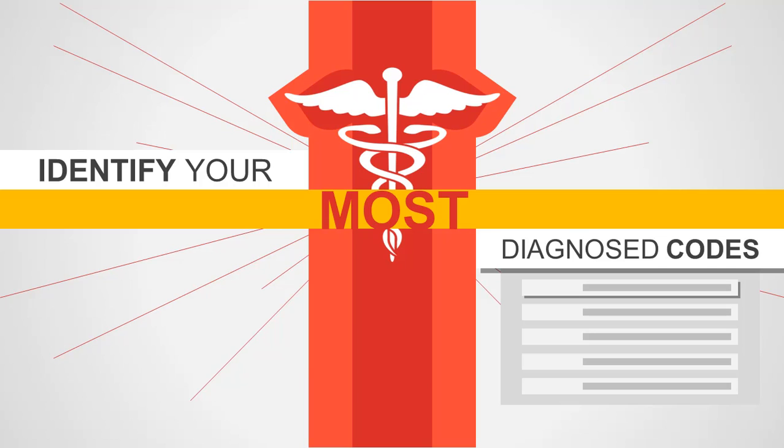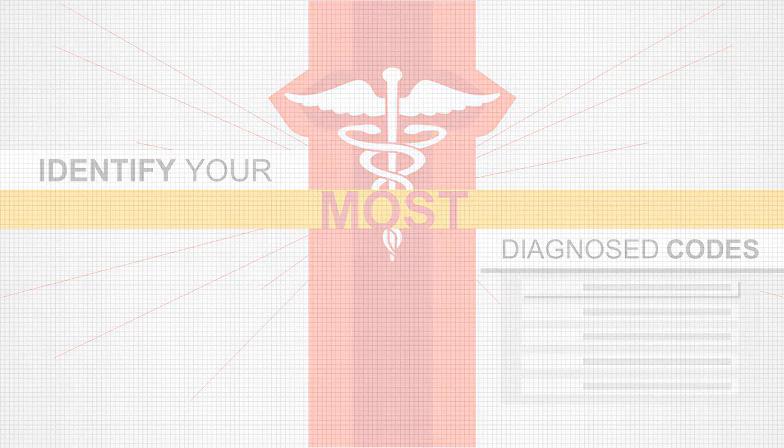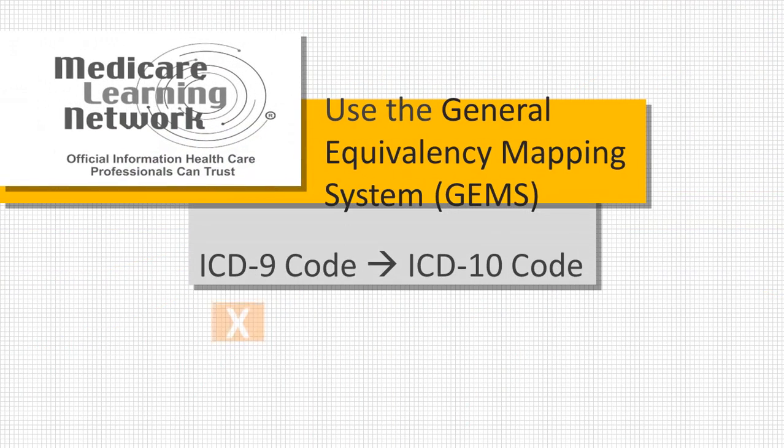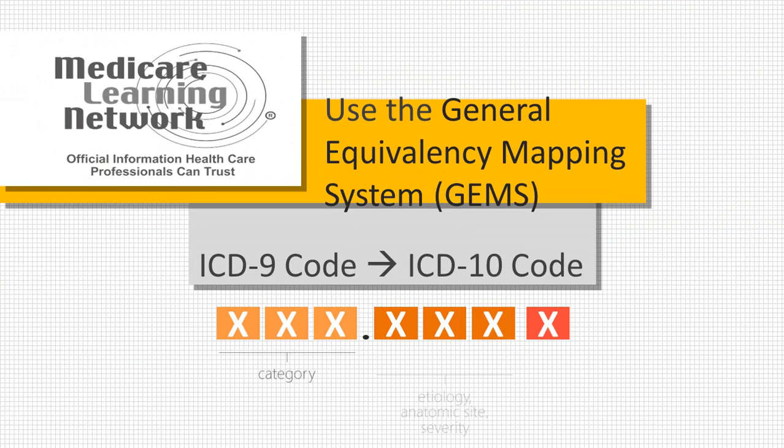A couple of the ways that we would suggest that you convert these codes: you could either do so manually using code books, which could be quite tedious and take quite a bit of time, but it is possible. Another way would be to use the GEMS mapping system, the General Equivalency Mapping System. That would be where you could take your ICD-9 code and translate it one-to-one into an ICD-10 code.